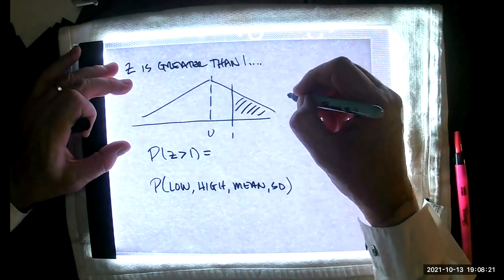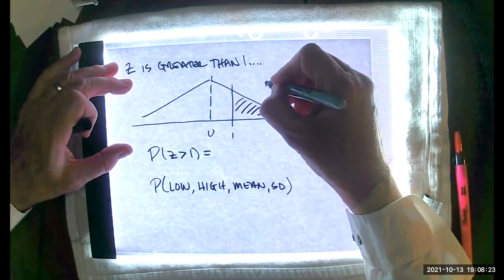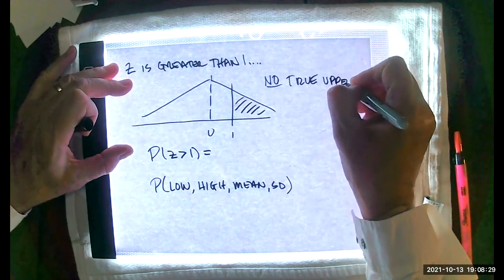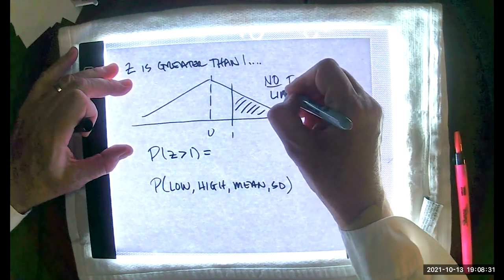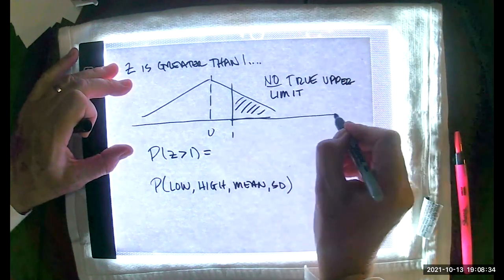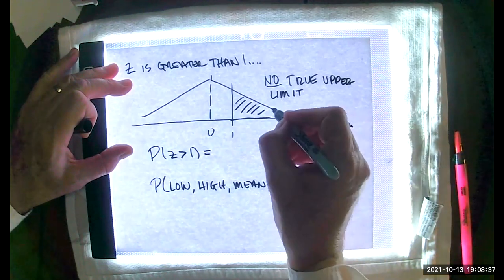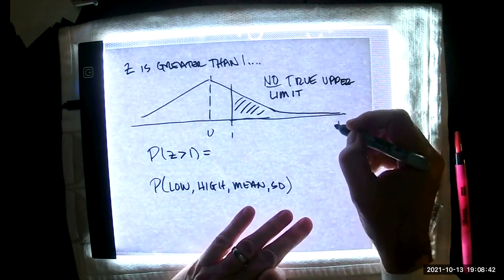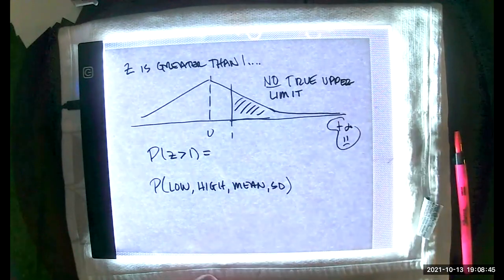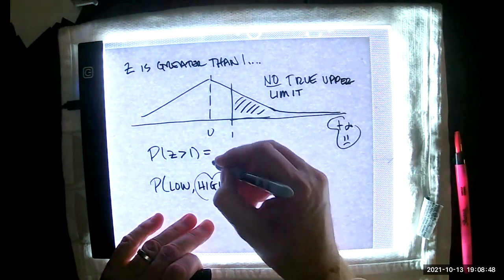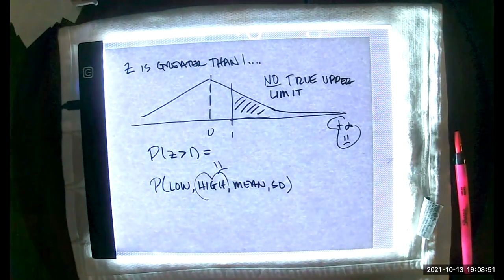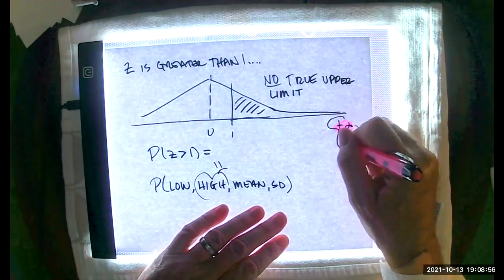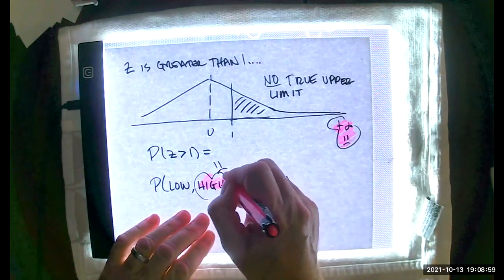This particular question actually has no true upper limit. This graph keeps going out here to positive infinity, and this comes in for a landing and never even crosses that. So there's no value up here that I can put in for down here. That is the challenge we face with the greater than question.